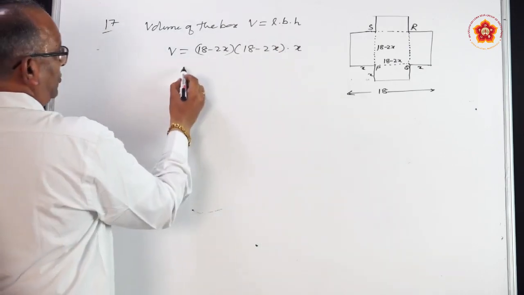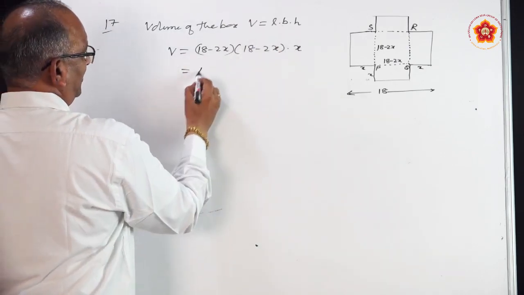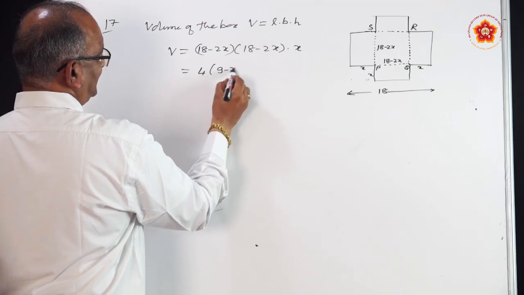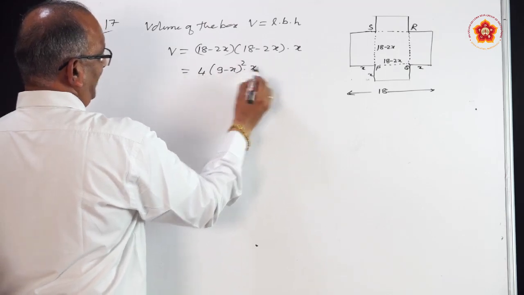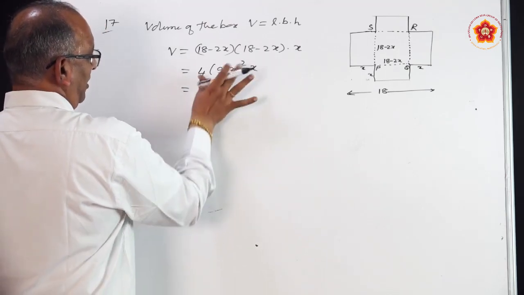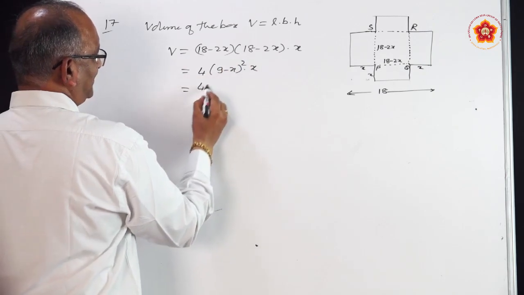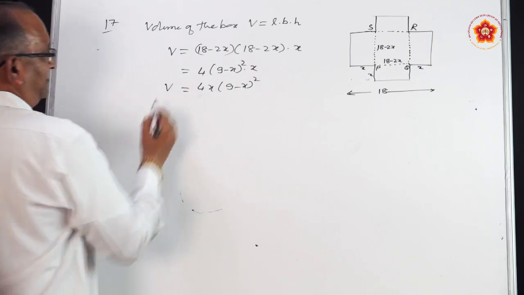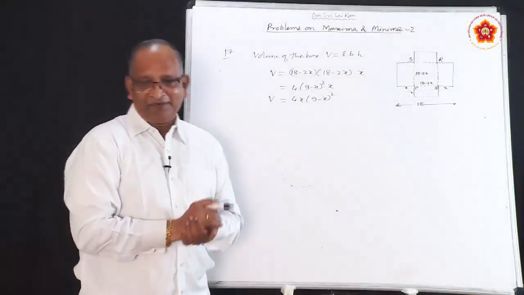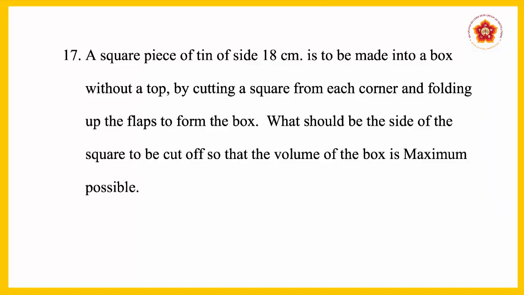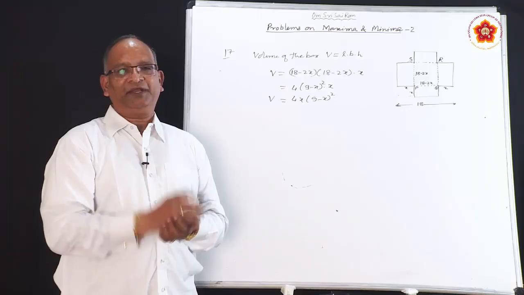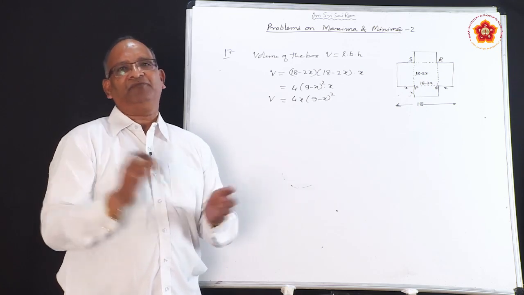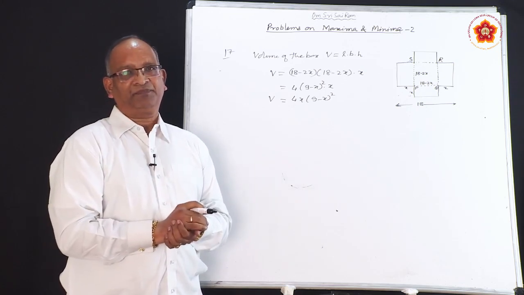You can take 2 common in both, it will become 4, 9 minus x whole square into x, or 4x into 9 minus x whole square. This is volume. Our objective is to say that this volume of the box is maximum. What should be x? We need to find out x so that the volume of the box is maximum.